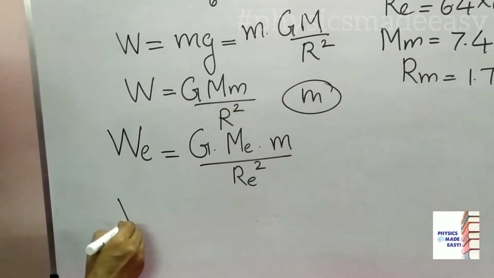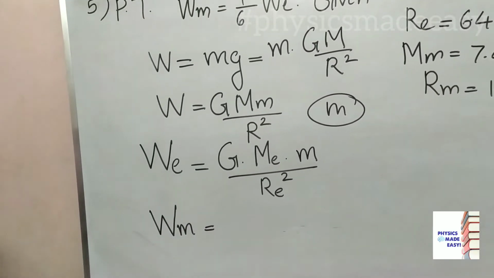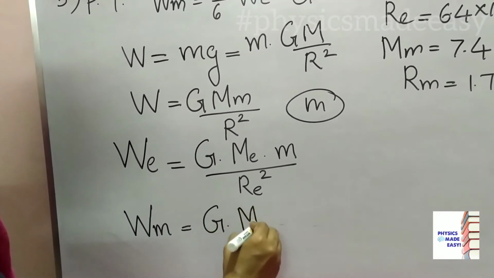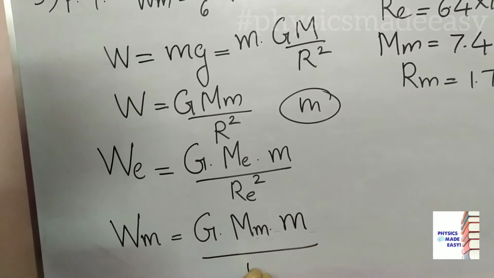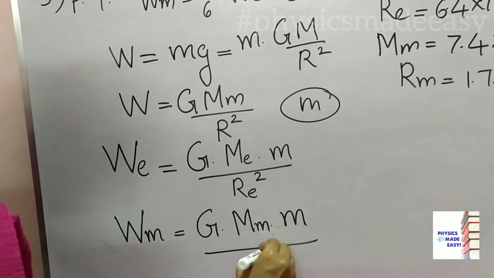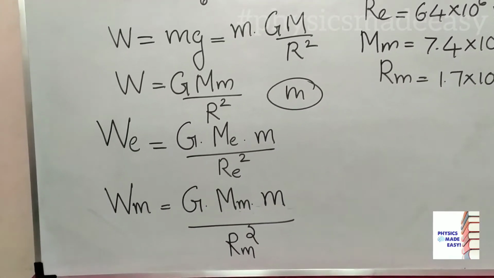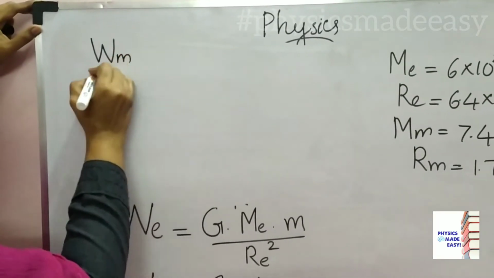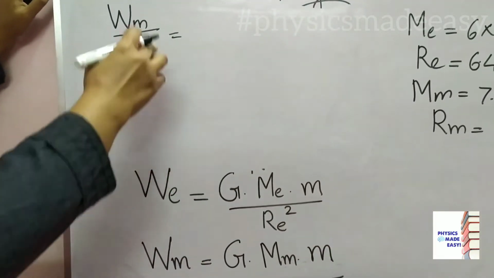Now we can write the equation for weight of that object on moon. That we can write as G into mass of moon into mass of that object divided by Rm square. Okay. Now I am going to write Wm divided by We. We have to substitute those expressions here.